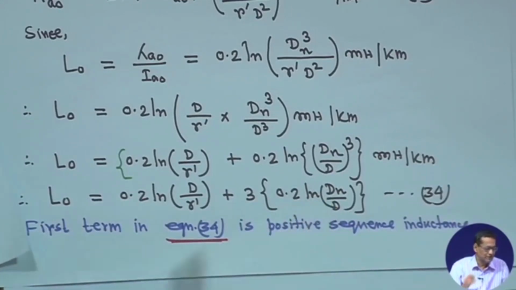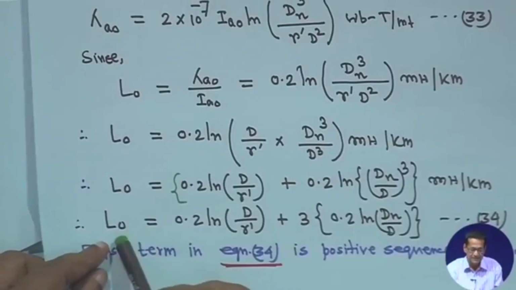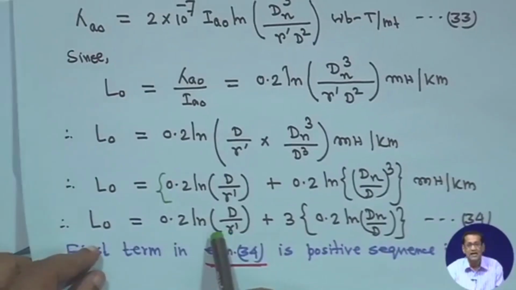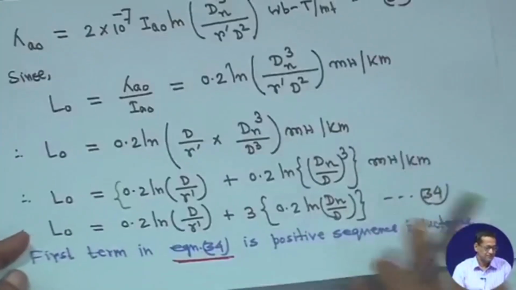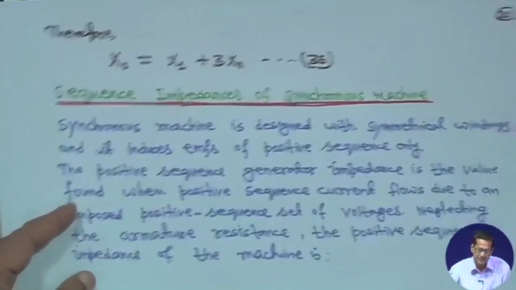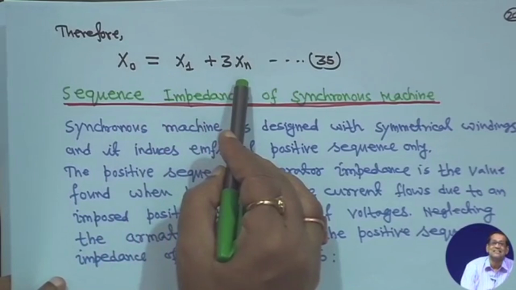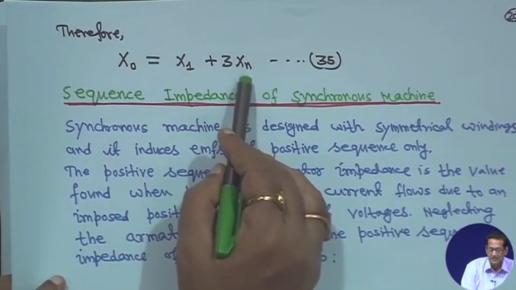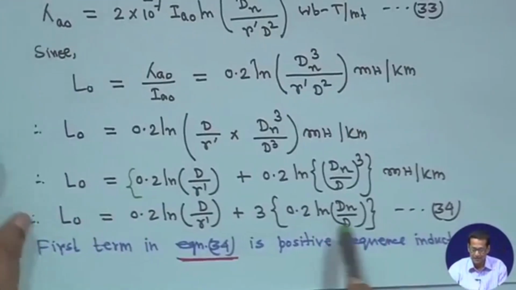So, this is inductance, and it can be converted to reactance by multiplying by omega. That means the 0 sequence reactance can be written as x_0 = x_1 + 3 x_n.